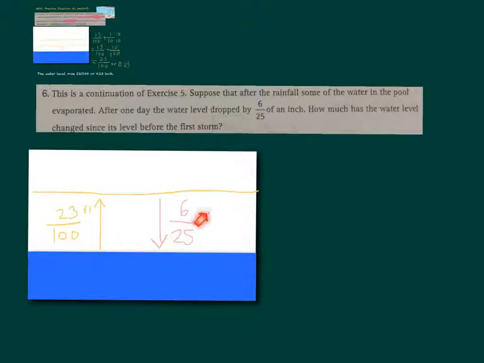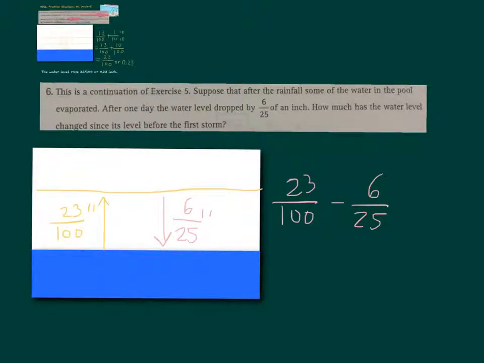Okay, so to find out the change, I'm just going to subtract. So I'm going to do 23/100 minus 6/25. Here, the LCD is 100, so I changed the second fraction to something with a denominator of 100.